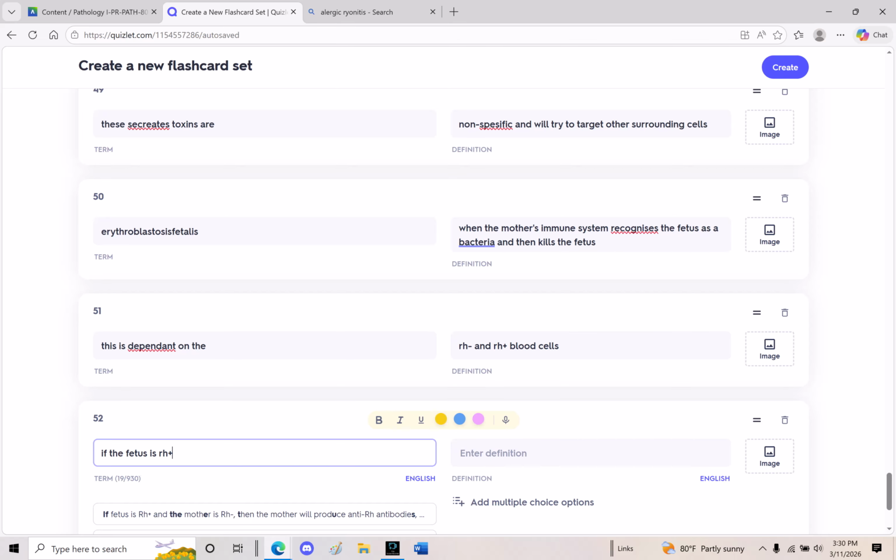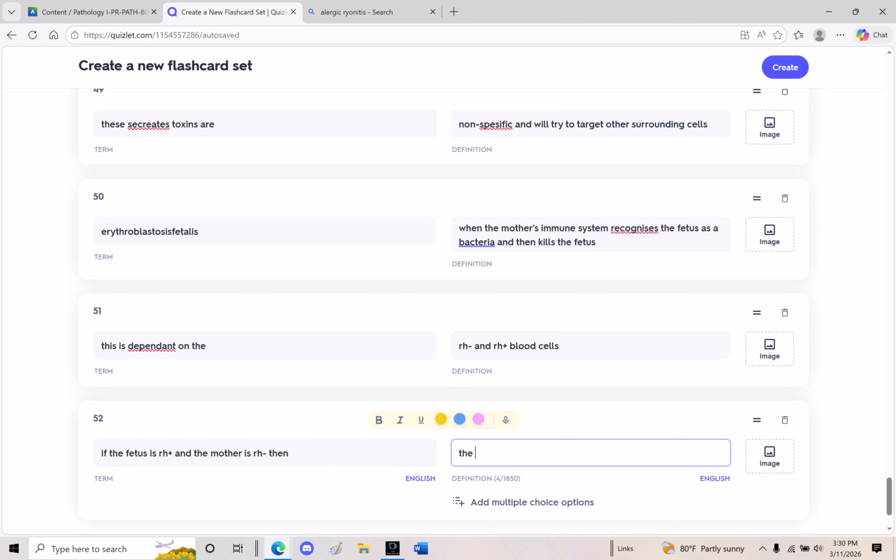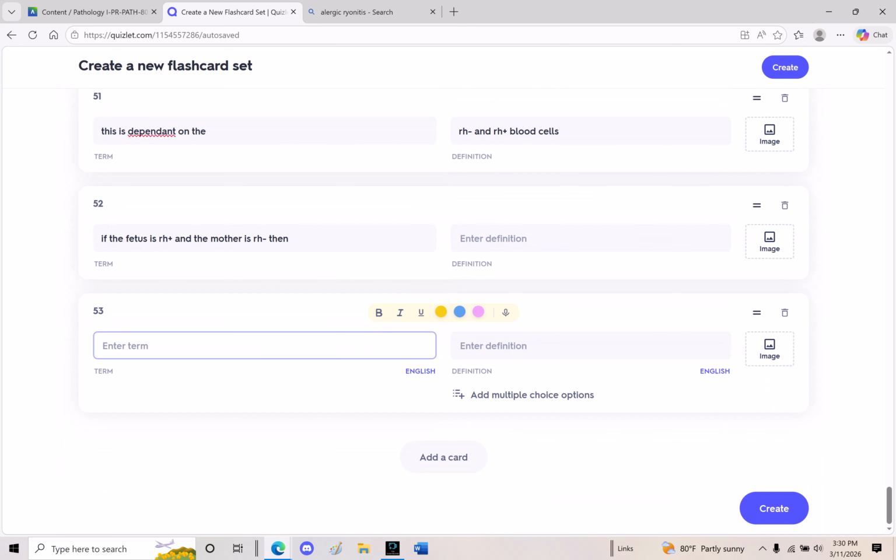However, there are only complications if there was prior exposure. So, blood cells should never cross the placenta into the mother, right?